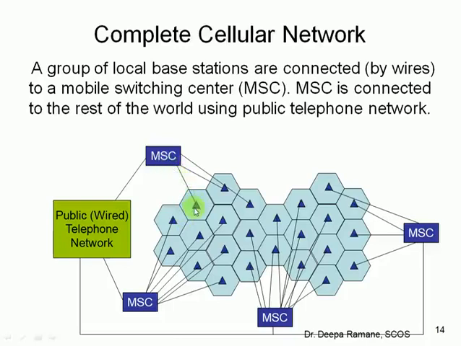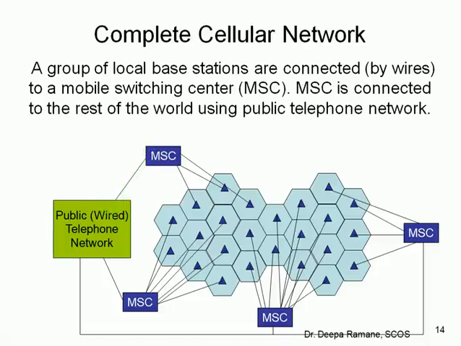Each mobile switching center is connected to the public telephone network. So here you can observe that each cell's MTSO is connected to a mobile switching center, and all mobile switching centers are connected to your public telephone network.